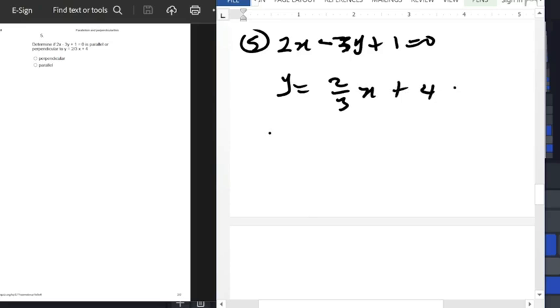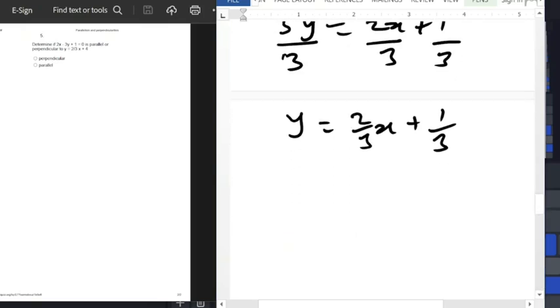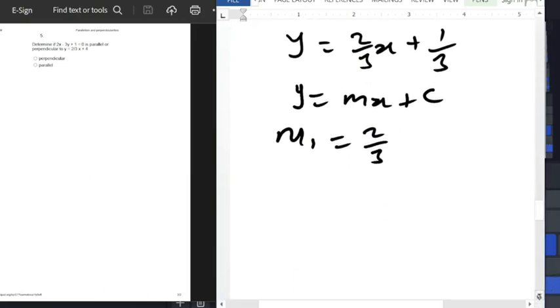So for equation 1, make y the subject: transfer 3y, so 3y equals 2x plus 1. Divide both sides by 3. So y equals 2 over 3x plus 1 over 3. If we compare this with y equals mx plus c, m1 is equal to 2 over 3. So the gradient of the first equation is 2 over 3.